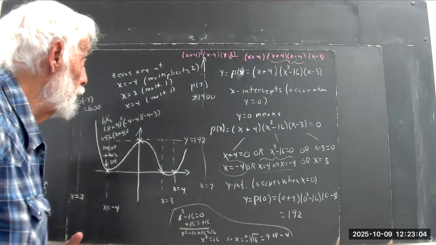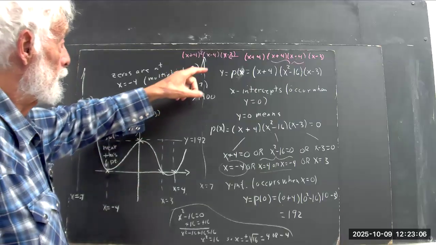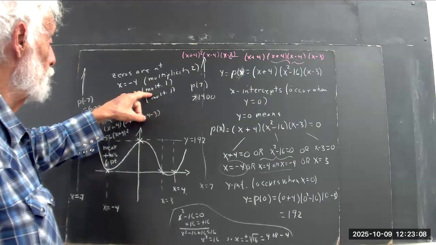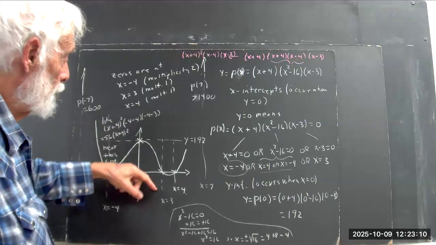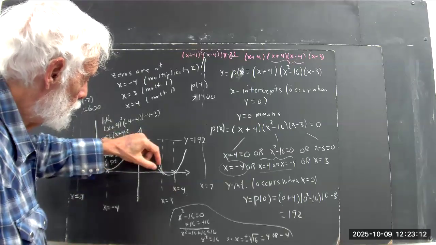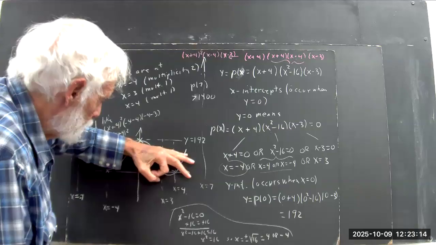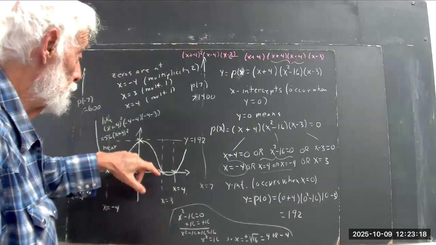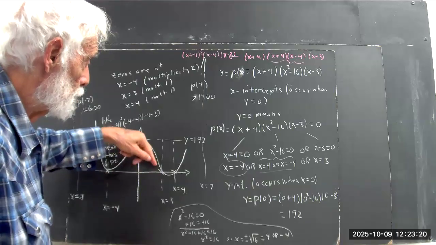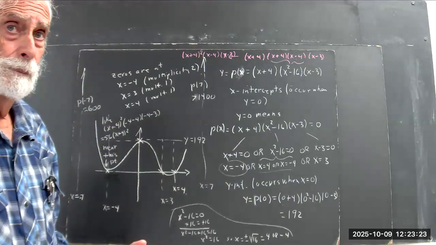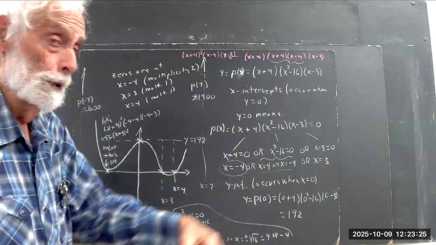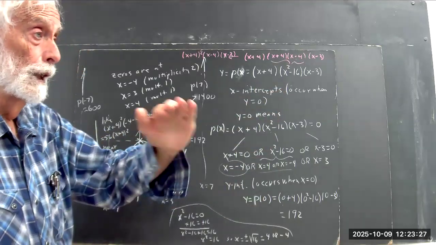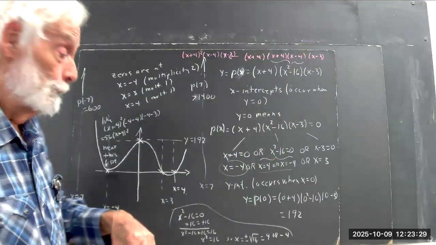The lesson for the graph is, if a zero has multiplicity 1 like x equals 3, then the graph goes through this point. If you narrow your vision down to a very small region around this point, it pretty much goes through like a straight line, not like the vertex of a parabola, not like a cube, okay?